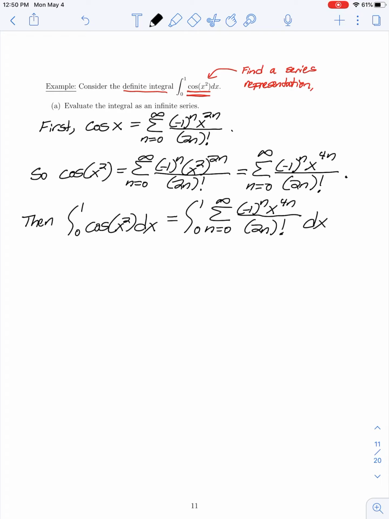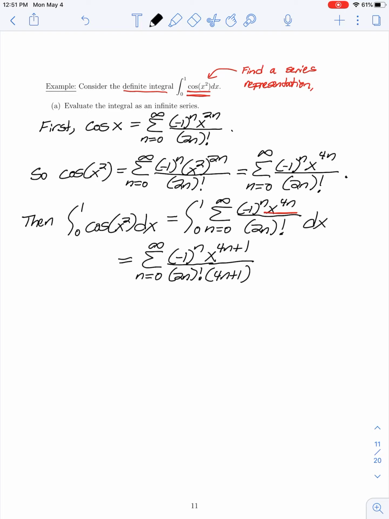So using our work from section 6.2, we know that we can integrate this summation term by term. That is, I'll have the sum from 0 to infinity of my coefficient, negative 1 to the nth, over 2n factorial, and then my antiderivative for x to the 4n power with respect to x would be x to the 4n plus 1 divided by 4n plus 1.